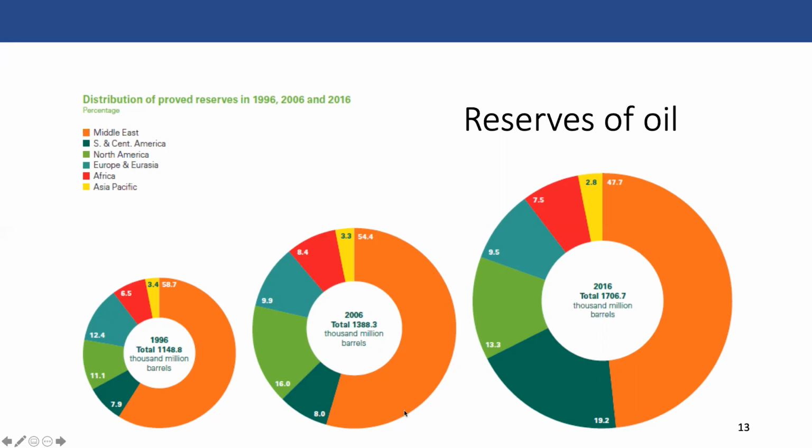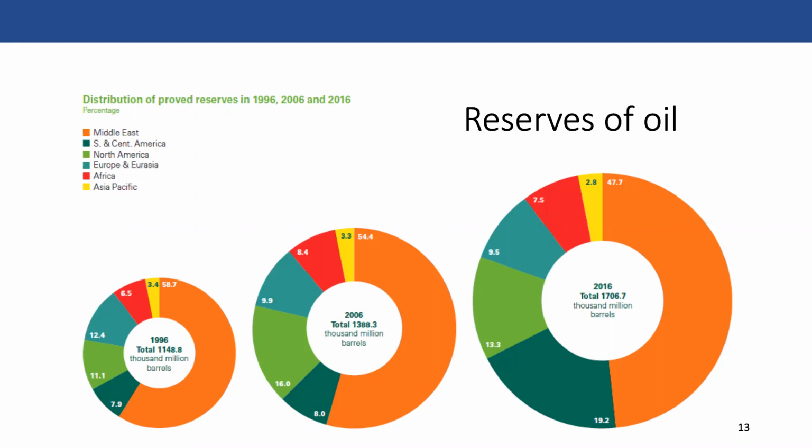You can see that there was particularly large growth in South and Central America, as well as in North America, going from 11 up to 16 and 13. Part of this has to do also with the heavy development of shale resources.